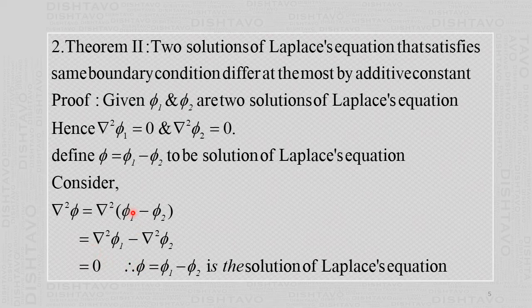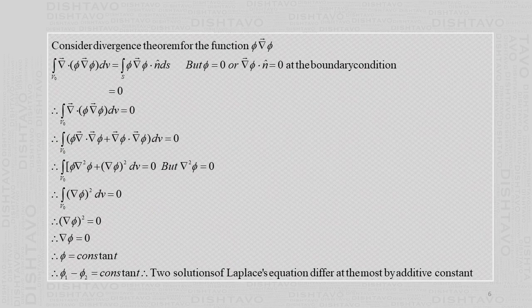That means phi, which we defined to be phi 1 minus phi 2, is also the solution of the Laplace's equation. Next, we will show that phi is constant, that is phi 1 minus phi 2 equal to constant. That constant can also be 0. To prove that, you take the divergence theorem for the function phi grad phi. So here, according to divergence theorem, the volume integral of divergence of the function is equal to surface integral of the function.